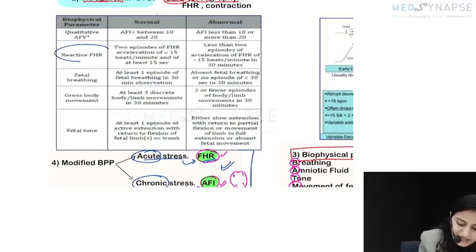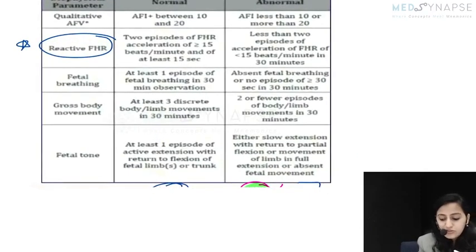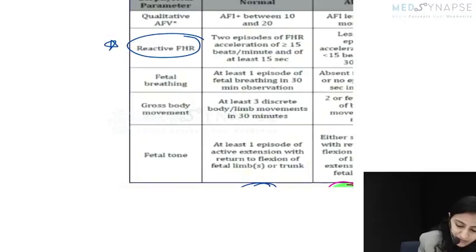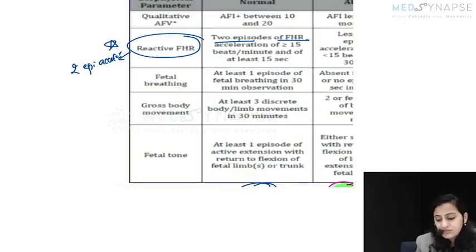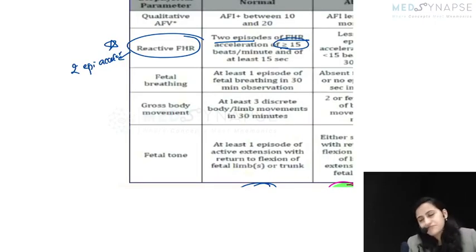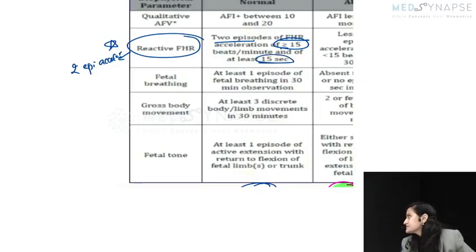When do you call it a reactive FHR, a reactive NST? How many episodes of acceleration should there be? 2 episodes of acceleration. Minimum 2 episodes of acceleration. The acceleration should be how much? 15. The heart rate should increase by 15 and it should last for at least 15 seconds.